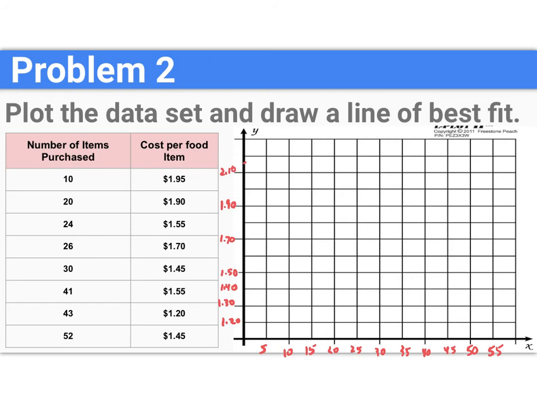Okay, so number of items purchased. 10 items is about $1.95. 20 items is about $1.90. 24 is $1.55. Right above it. 26 items is $1.70. Right on that line. Okay.